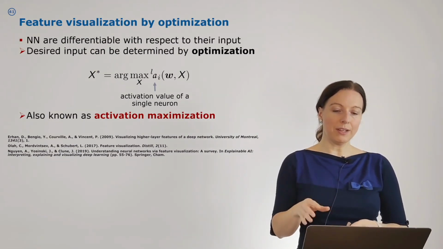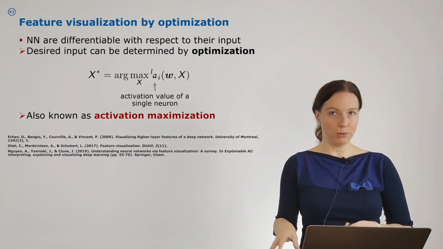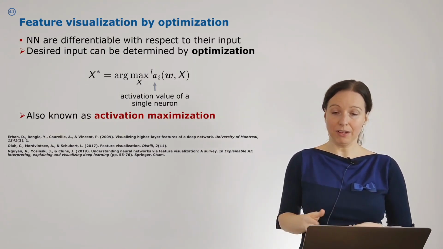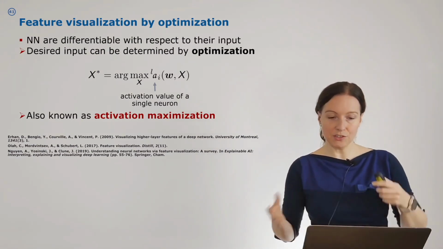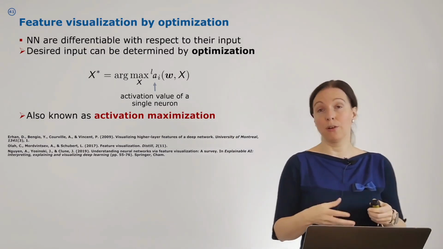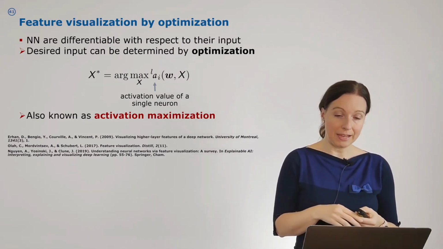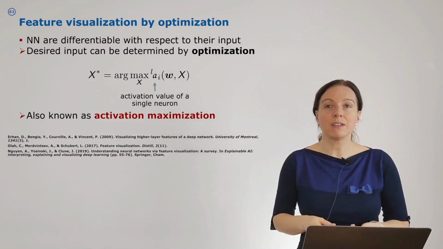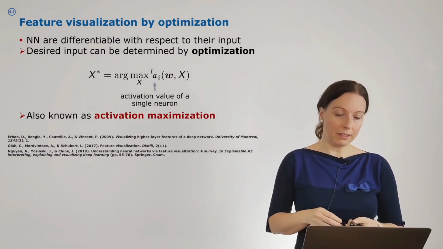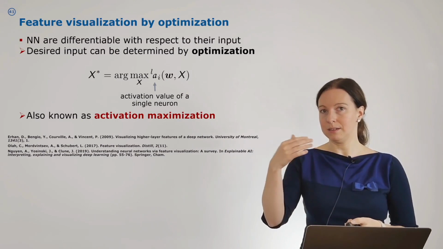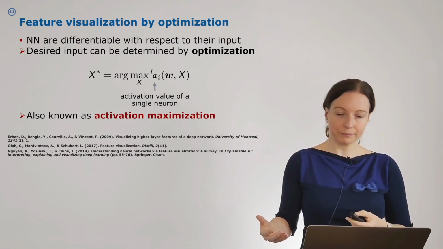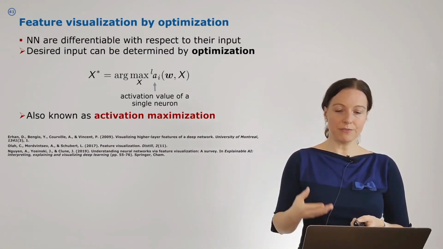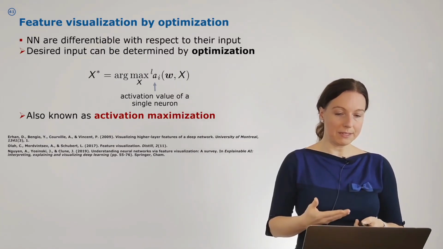So if we want to find out what kind of input would cause a certain behavior, like a perfect classification score, or that a specific neuron should be activated as high as possible, we can use derivatives to iteratively manipulate our input to the goal.